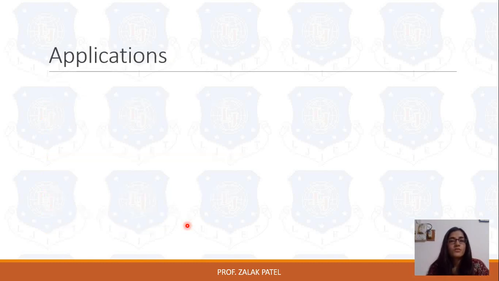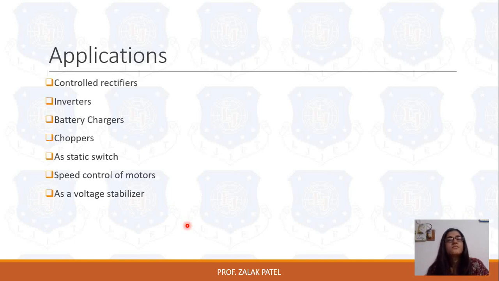Next is about where we can use this SCR. So we already discussed the different classification of power circuits in the previous lecture. So it can be used in a controlled rectifier, means an AC to DC converter, as an inverter, means DC to AC converter. We can also use two SCRs in a configuration.